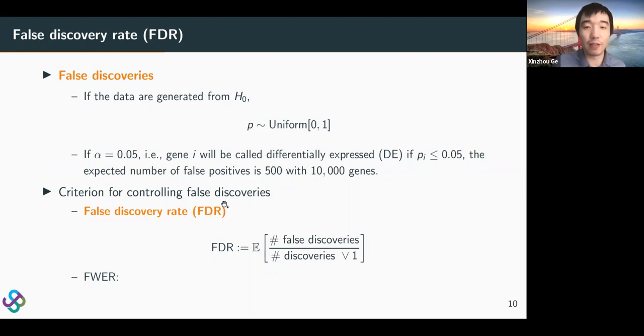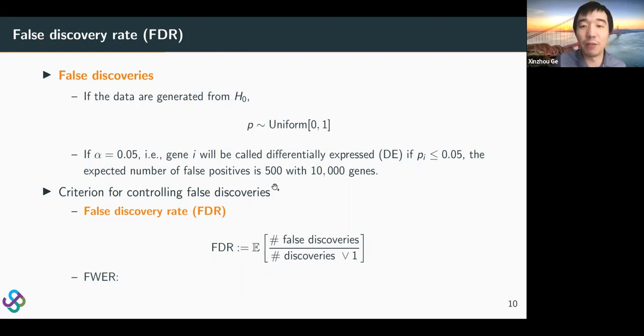In our last seminar, we introduced two criteria for controlling the false discoveries. One is called the false discovery rate, and another is called the family-wise error rate. This time, we mainly focus on the false discovery rate, which is defined as the expectation of the number of false discoveries over the number of total discoveries.